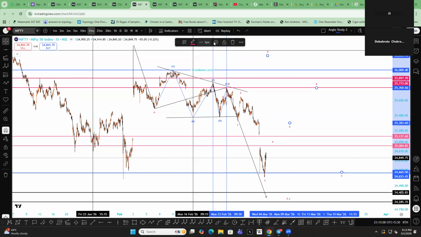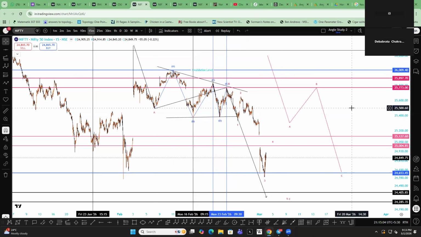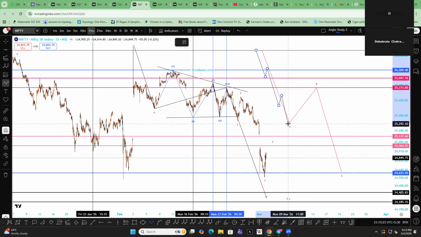This is the structure of the Y wave. Now see, for that, there are two structures of wave A. Wave A may be an impulsive wave, that is 1, 2, 3, 4, 5.